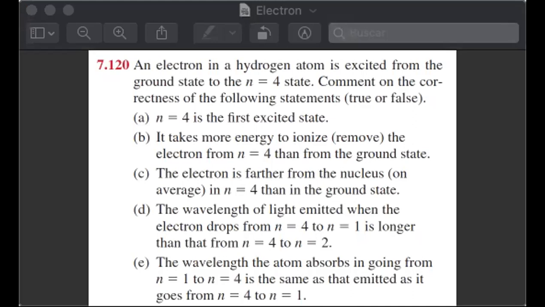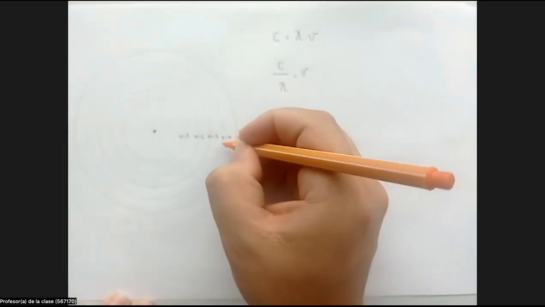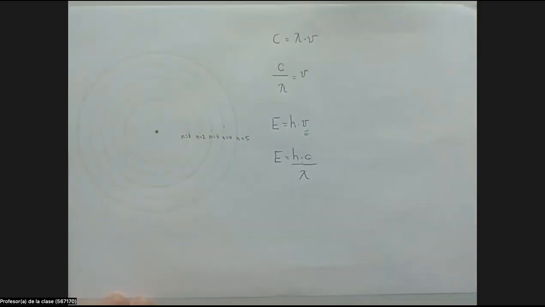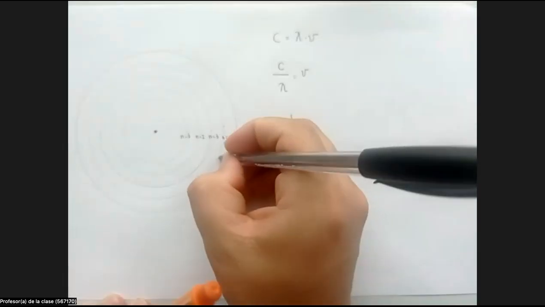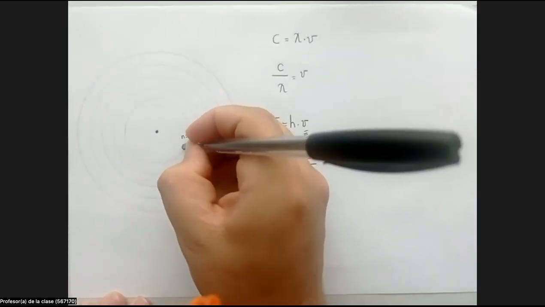Why? The answer is false, because if you are on level 4 here, the electron is here, and it drops to level 1.